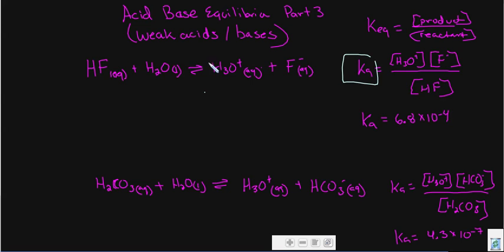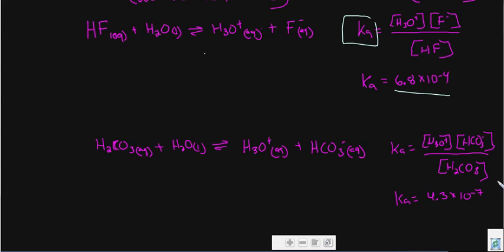If we had some coefficients in the balanced equation, we of course would bring those up here and put those as exponents, but we do not. So we find out that the acid ionization constant for hydrofluoric acid is 6.8 times 10 to the negative fourth.